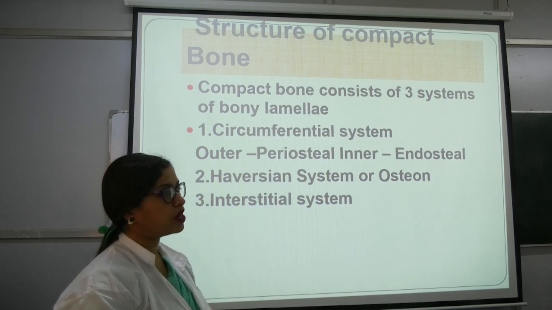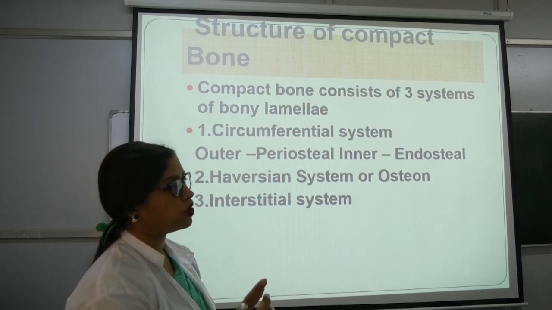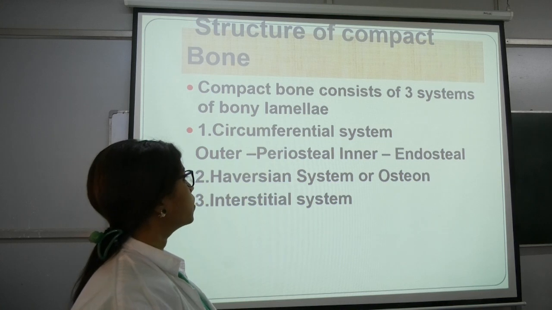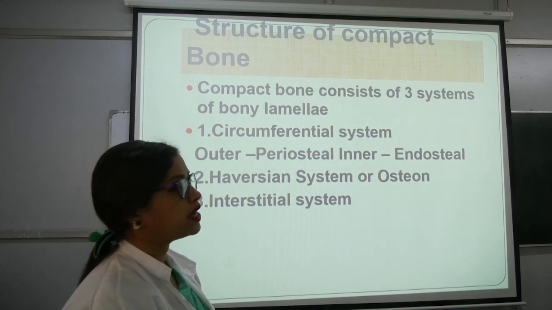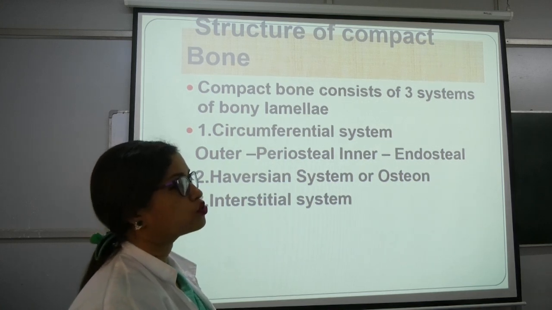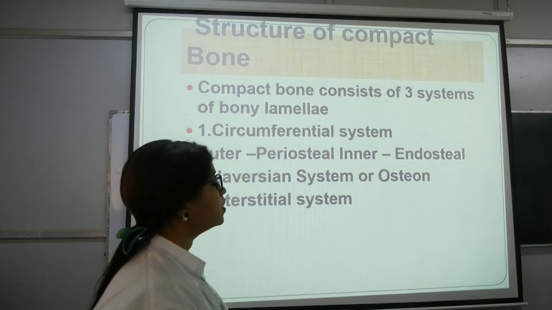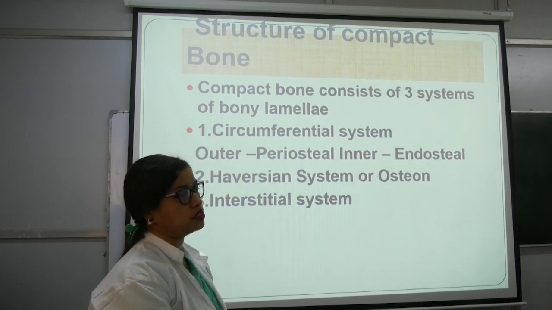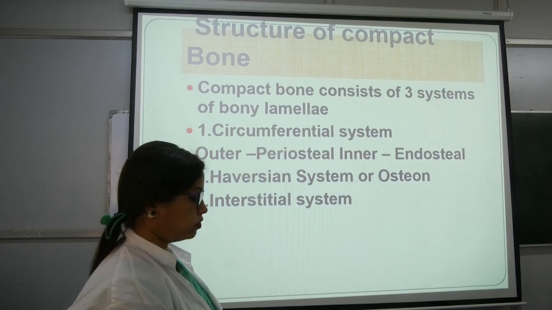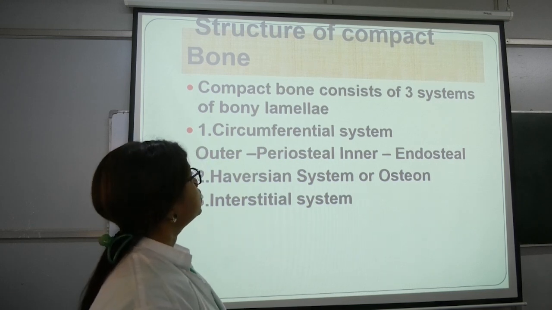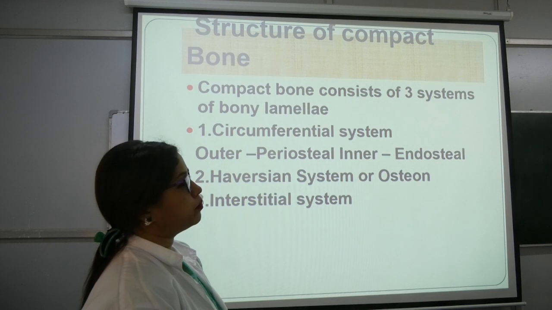Circumferential means outer membrane, so one is periosteal, one is endosteal. Then the Haversian system, which makes the unit, also known as osteon. And the third is the interstitial system. So these are the structures of compact bone.